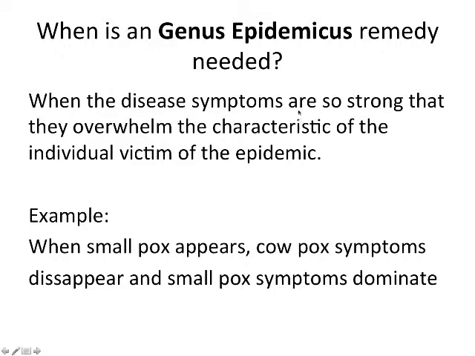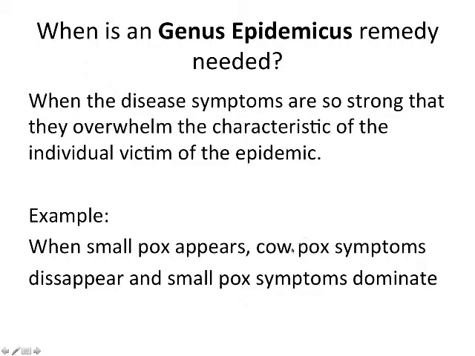So when is a genus epidemicus remedy needed? It's needed when the symptoms are so strong that they overwhelm the characteristics of the individual victim of the epidemic. For example, if someone has cowpox.